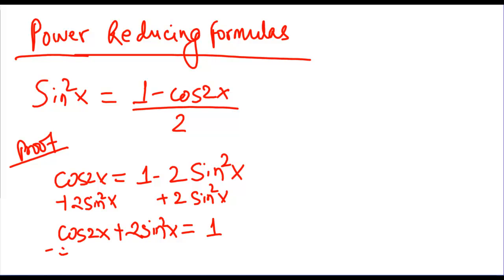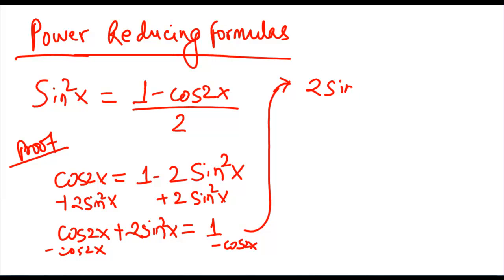Now we'll subtract cosine of 2x on both sides, and we have 2 sine squared x equals 1 minus cosine 2x.